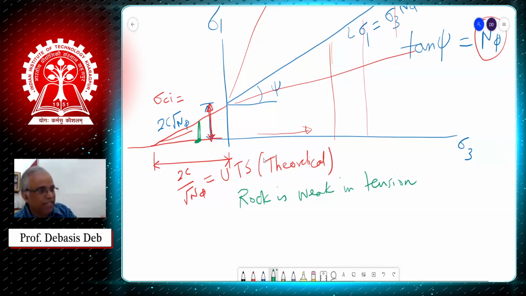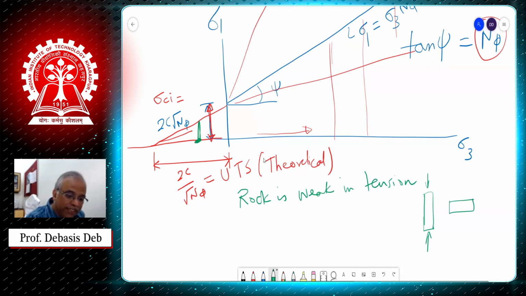Let's say this is a chalk, and if you try to break it like this, you need much more load or stress to break it. But if you pull the chalk like this, it will be very easy to break. It will break like here.